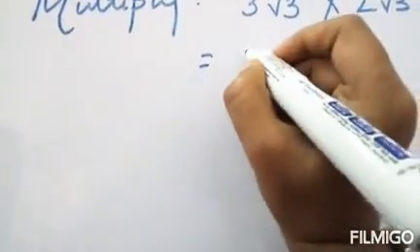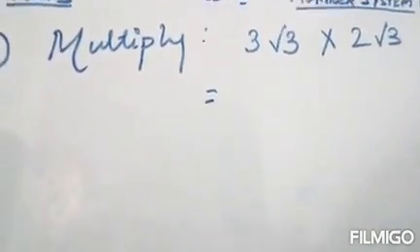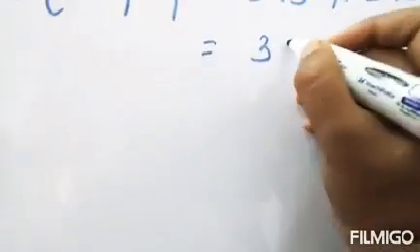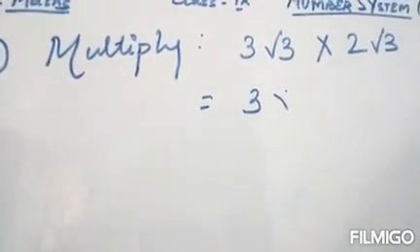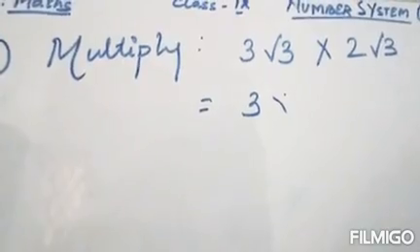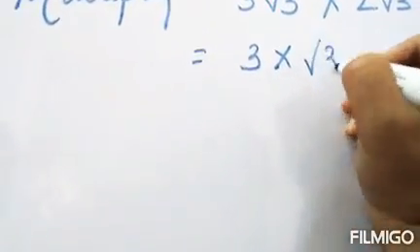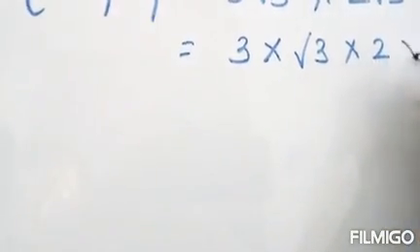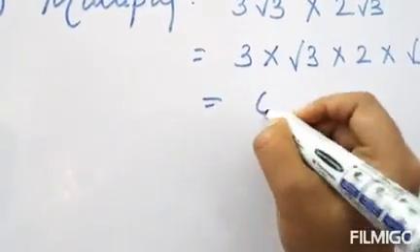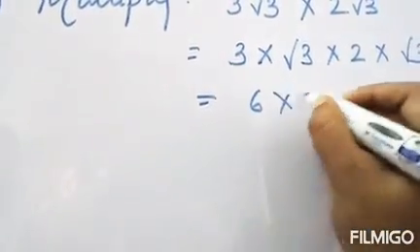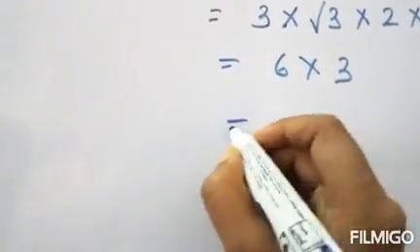See, here also, you see, 3 root 3 means what? 3 into root 3. Correct? So I will write like this: 3 root 3 into 2 into root 3. Okay. 3 twos are what? 6. And root 3 into root 3 is what? 3. Okay. So it will be 18.